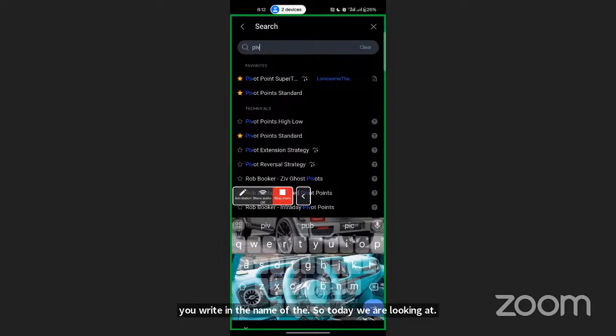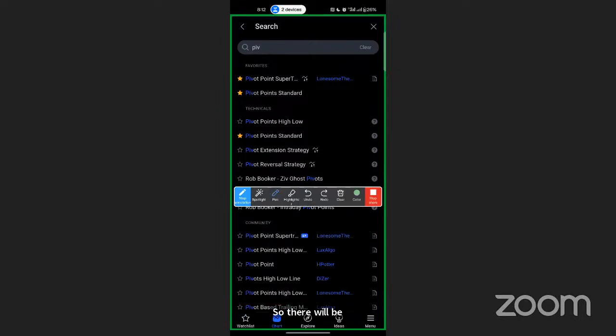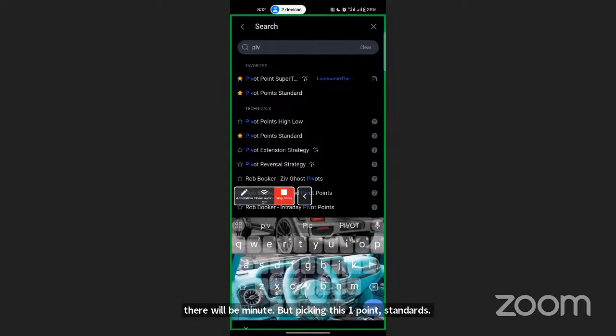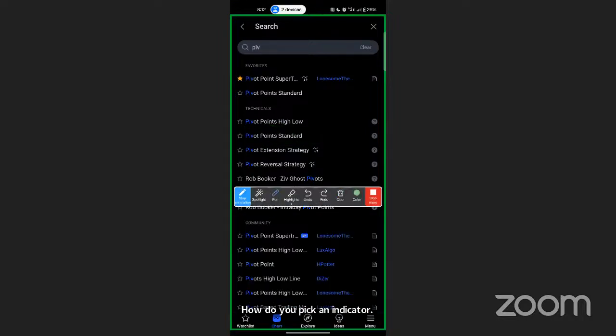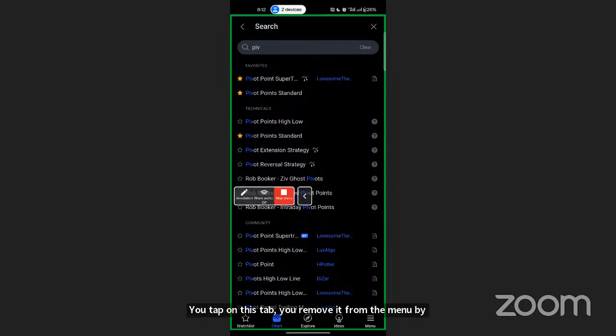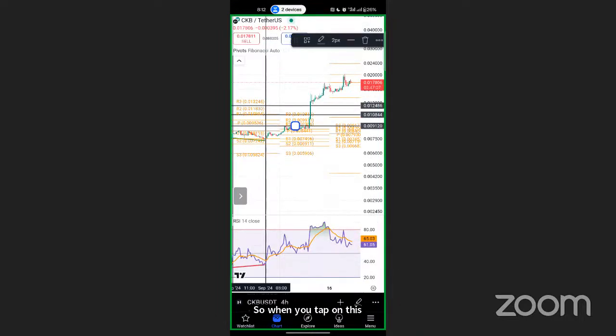There will be many, but pick this one, pivot point standard. How do you pick an indicator? You tap on the star, which adds it to the menu by making it a favorite. So you tap on pivot point standard. When you tap on the star, you tap the indicator once, not twice. Then the indicator will appear on your screen.